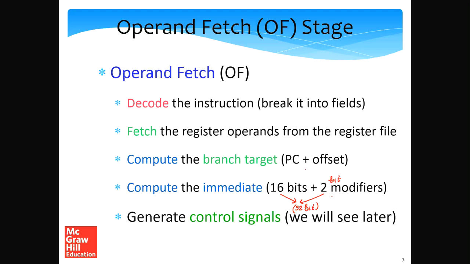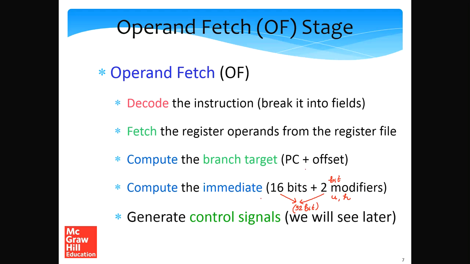Our 2 modifiers are: a U modifier, where we treat the 16-bit quantity as unsigned, and the H modifier, where the 16 bits are loaded into the upper 2 bytes of the 32-bit constant that we create. This immediate needs to be expanded, after taking the modifiers into account, into a 32-bit quantity.